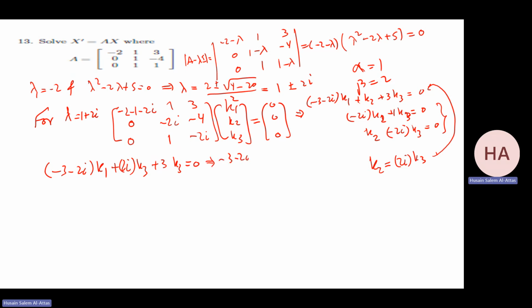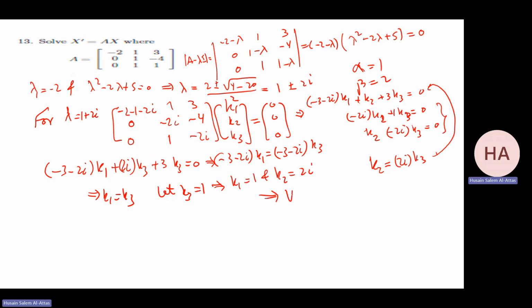Minus 3 minus 2i k1 equals minus 3 minus 2i k3. So divide by this, so k1 equals k3. Good. So I let k3 equal 1. I get k1 equal 1 and k2 equal 2i.